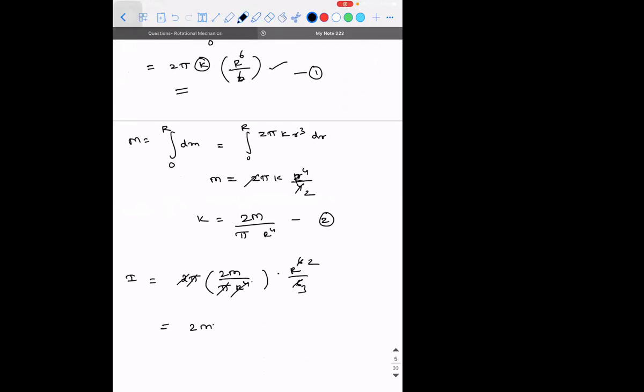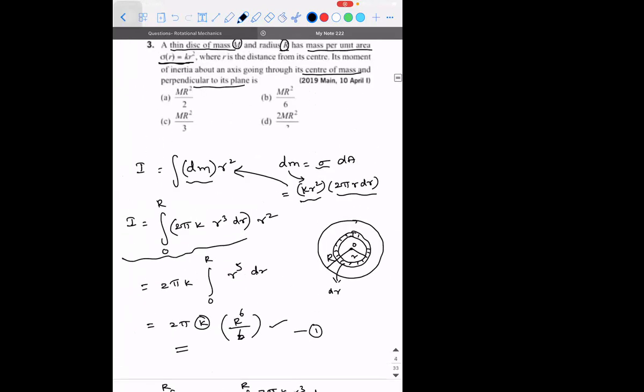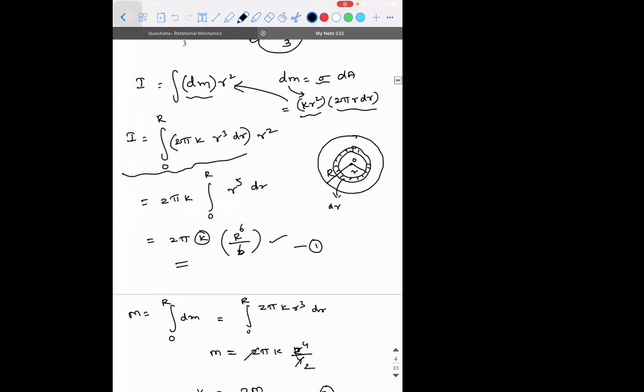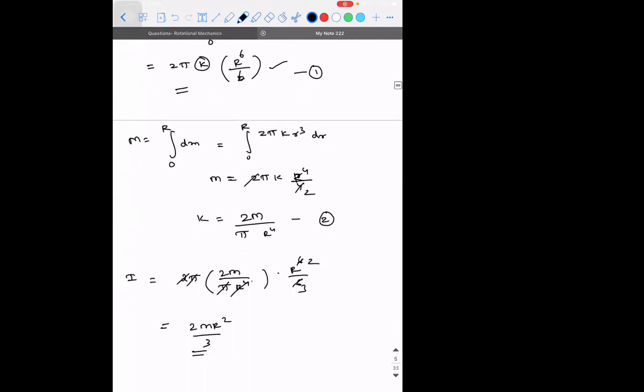So it is 2mr square divided by 3. Do you have an option? I think that's the last one. 2mr square divided by 3. Is this clear, guys? Are people able to understand how to apply integration? Yes, sir. Right? So make a note of this.